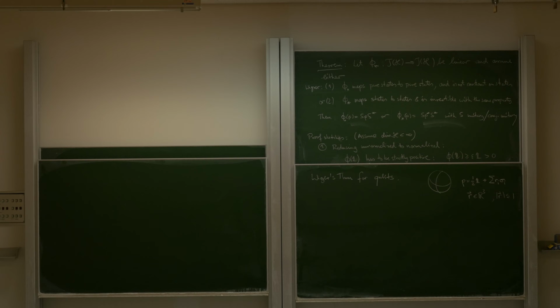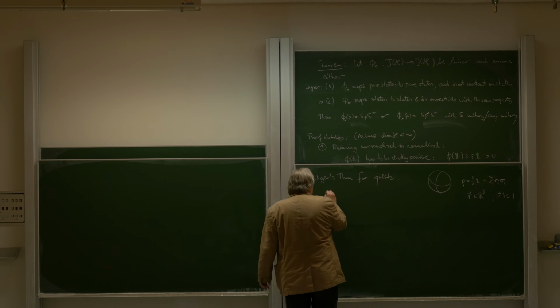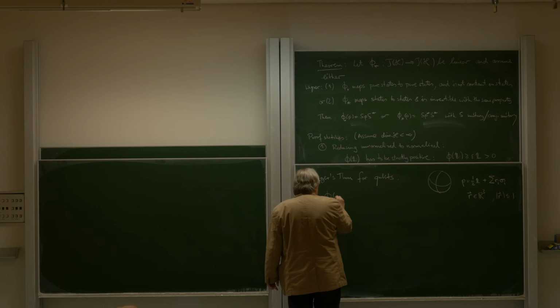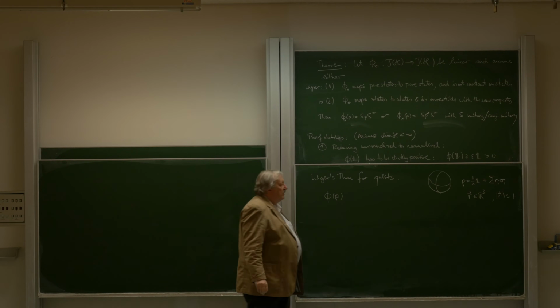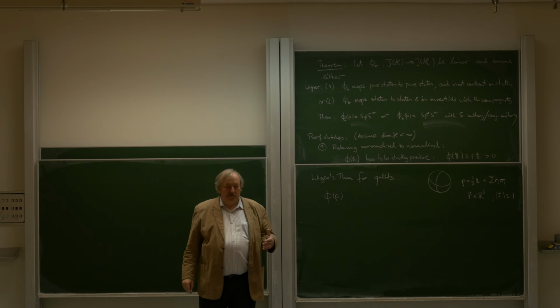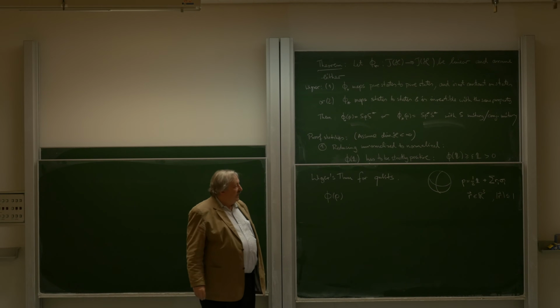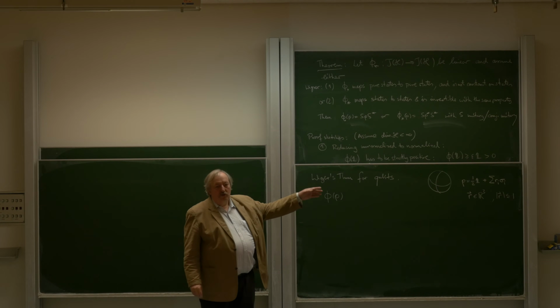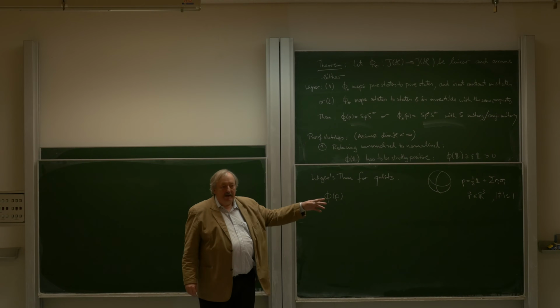So this is what we know about the state space. Now if we look at phi of rho, first of all, this is supposed to be a linear map, and it also maps the normalized things into normalized things. So it has the same sort of expansion.